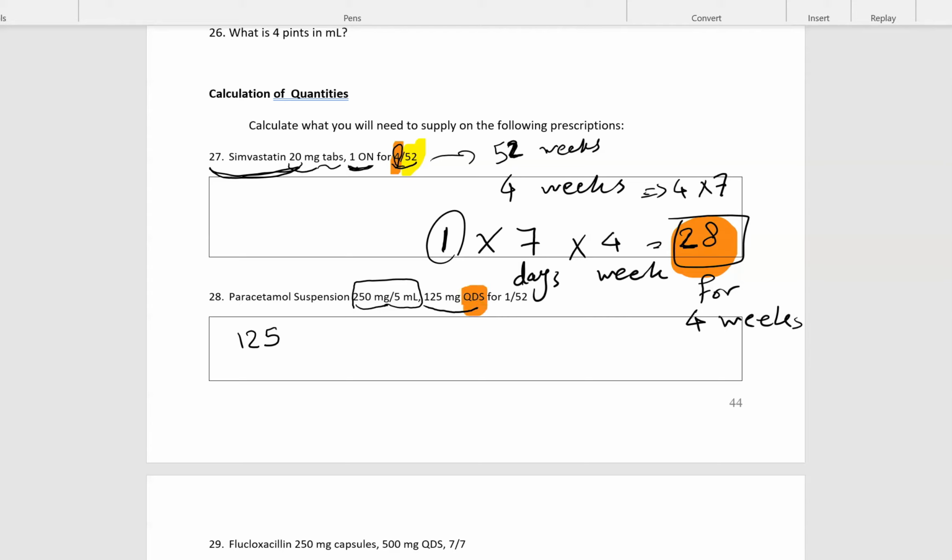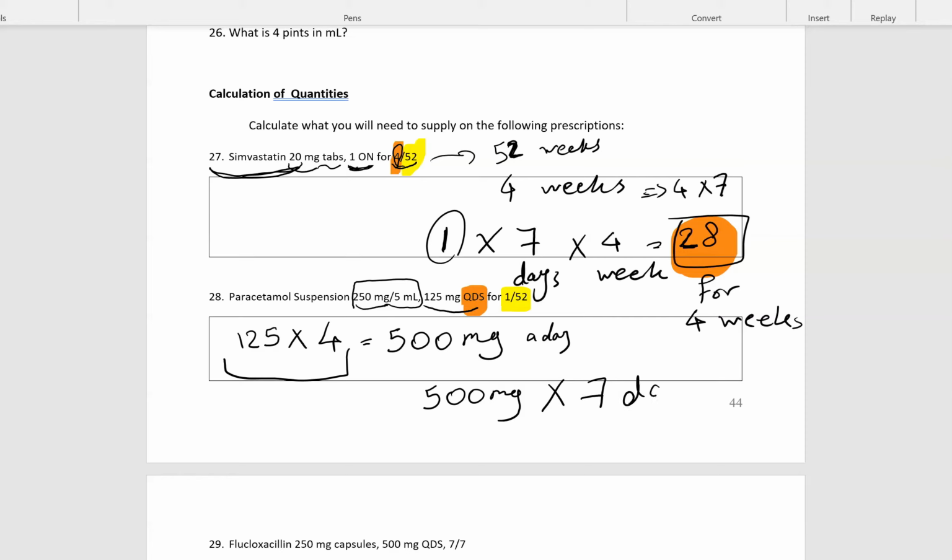So all of that, paracetamol suspension, we need 500 milligram a day. Another part of the question says for 1 week. So we need 500 milligram for 7 days.